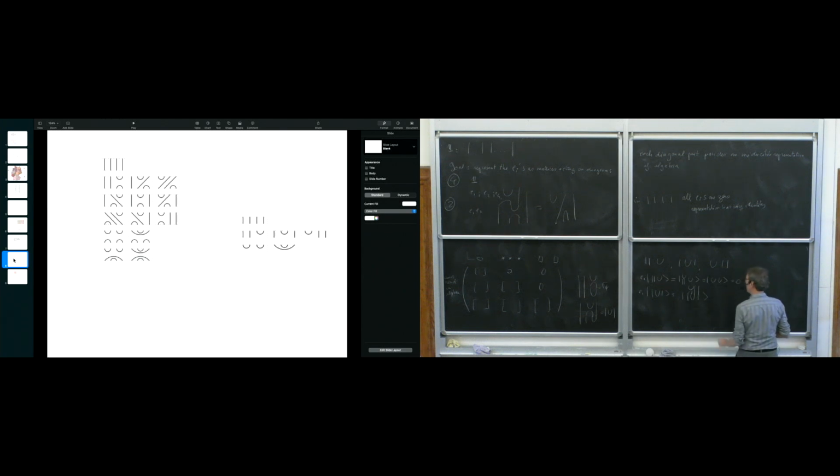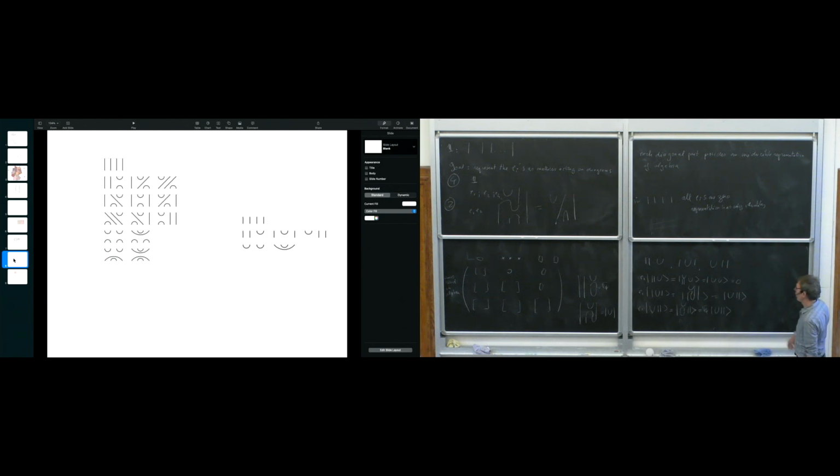So E1 acting on this state is equal to this guy. And finally, E1 acting on the last one is equal to square root of Q.